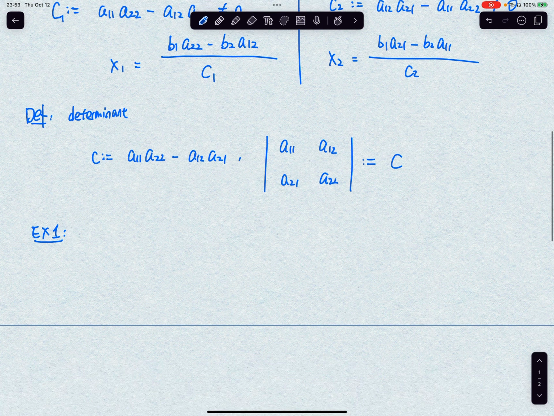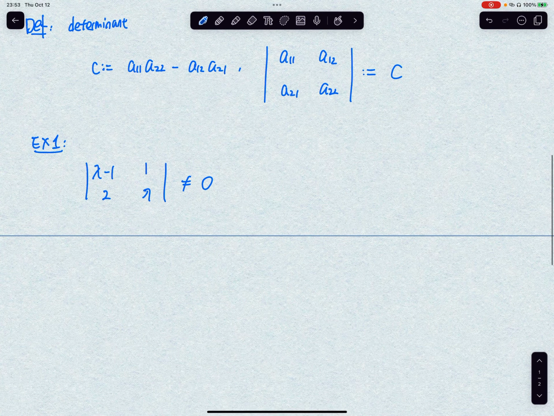So the first example, if we are going to calculate the determinant with entries lambda, 1, 2, lambda, and we want to find out the lambda such that the determinant does not vanish.